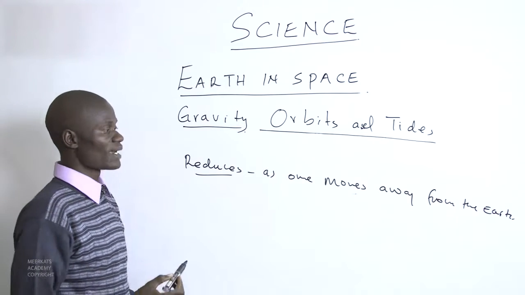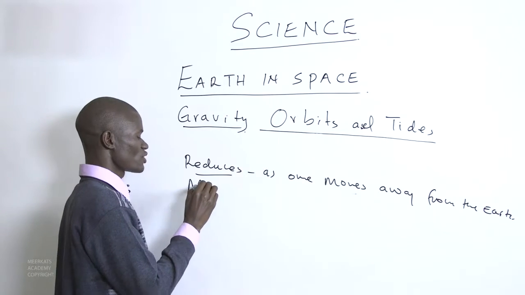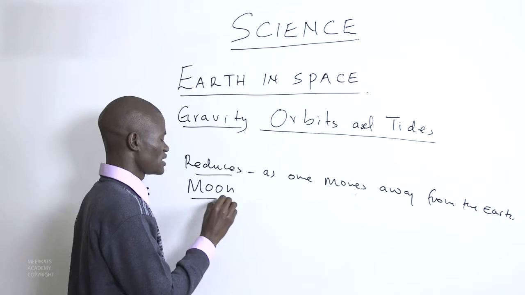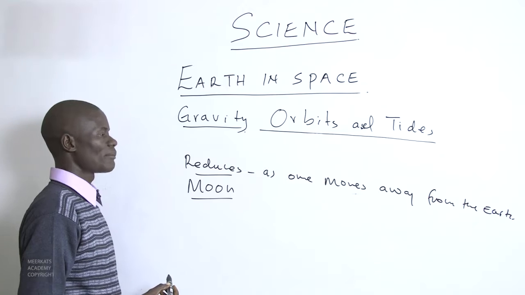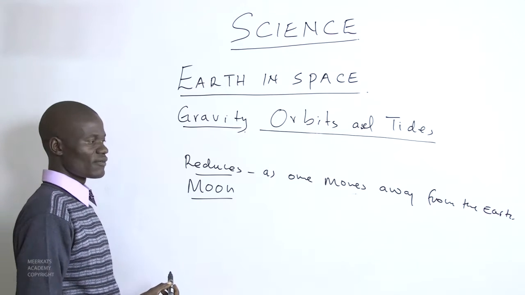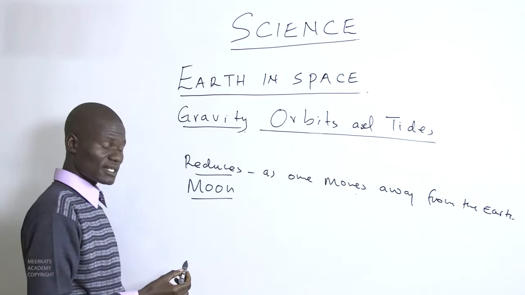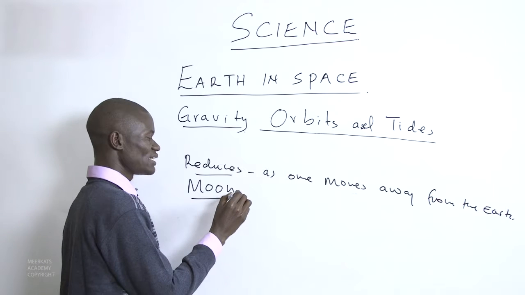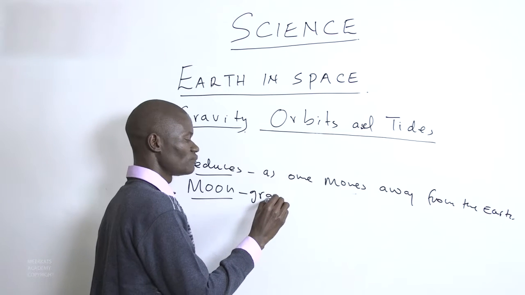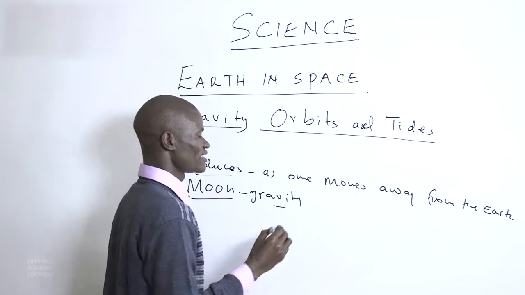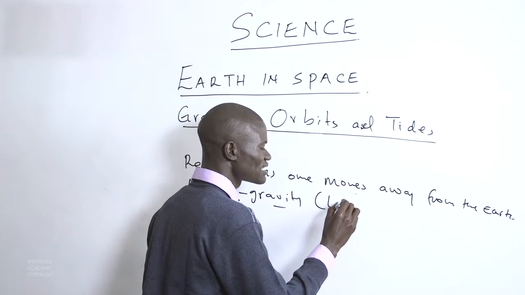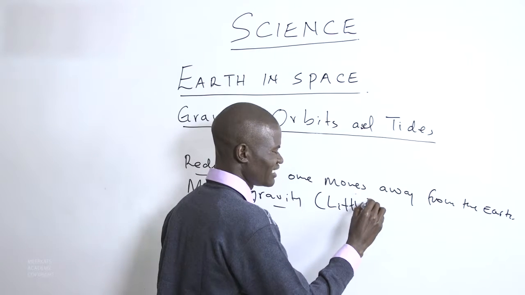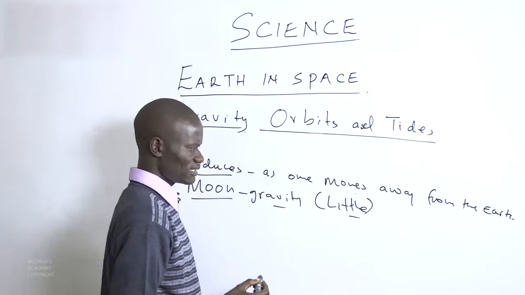This is the reason why, when in the previous lesson we were looking at the moon, the moon is some distance away from the Earth. And when you go to the moon, you'll find that there is very little gravitational force. It cannot even be felt.